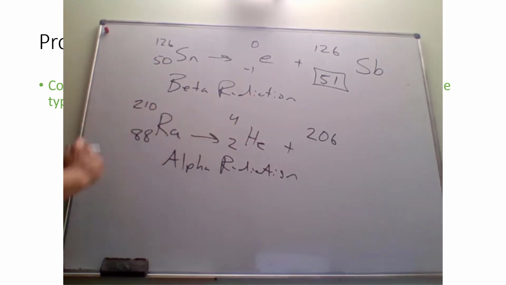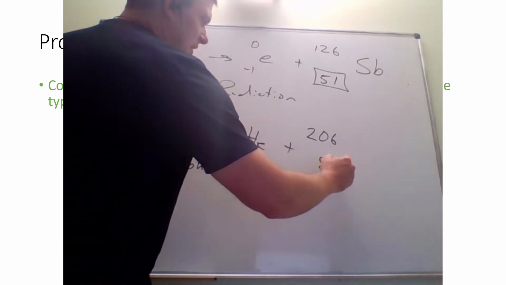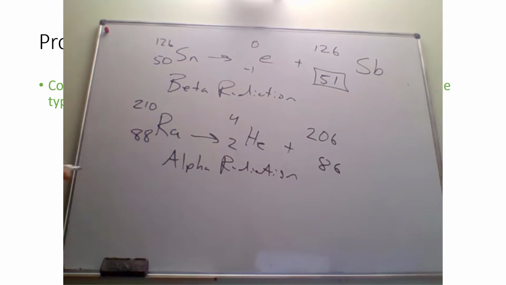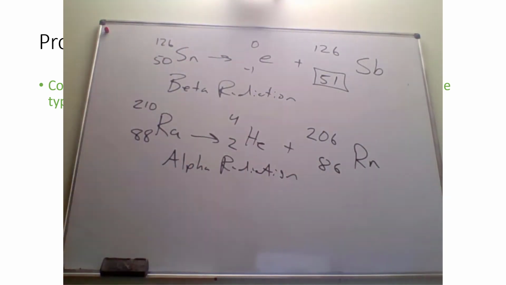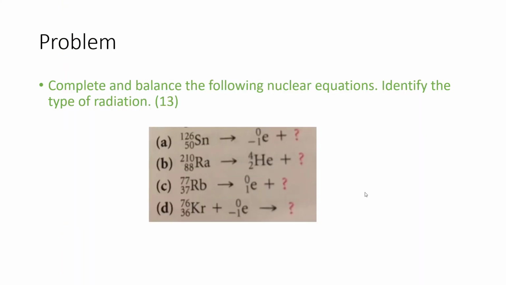And then a value plus 2 is going to be equal to 88, so that would tell us 86. And again, we'd look at our periodic table and determine that Rn, radon, would be our value. So you should be able to work through these problems in both ways in order to solve these radiation problems.